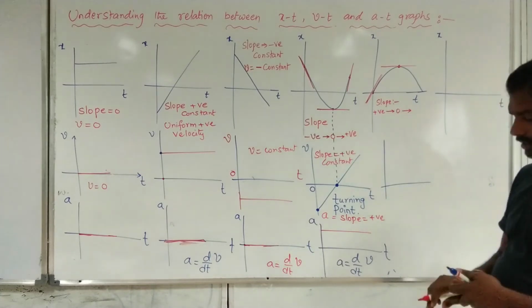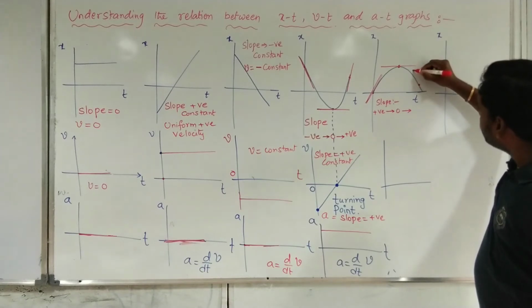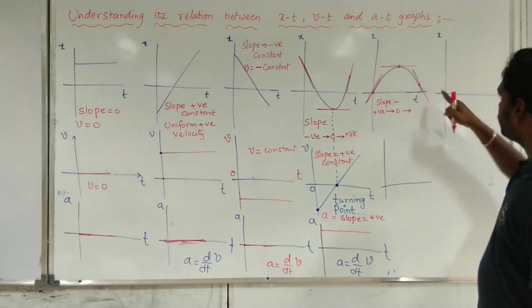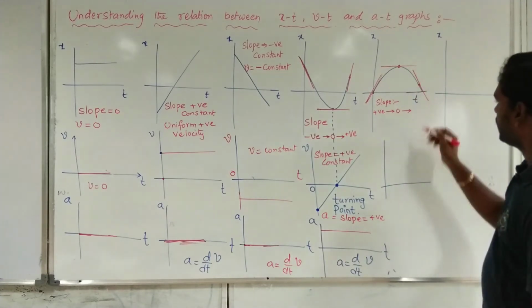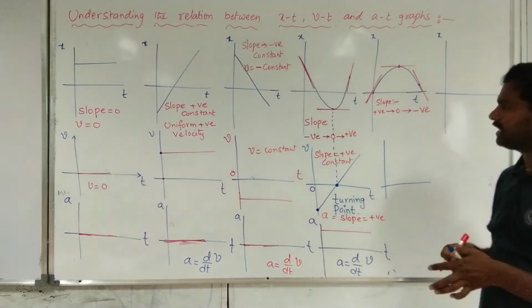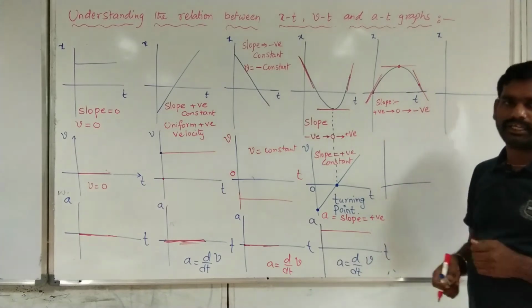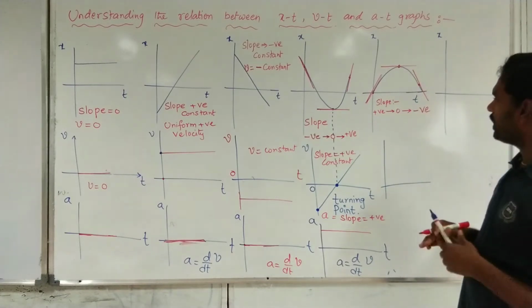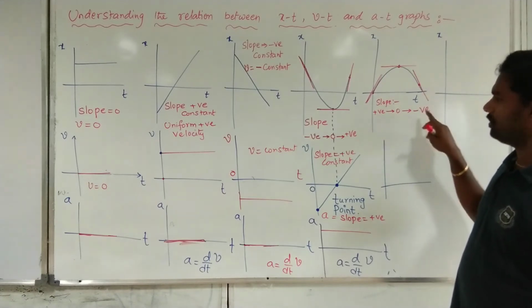Now, at a third point, draw a tangent again, and here in the xt graph the position is decreasing with respect to time. So the slope is negative here. So the slope of the xt graph is changing like this, positive to 0, 0 to negative. The slope of the xt graph is nothing but velocity. Velocity is changing from positive to 0, 0 to negative.